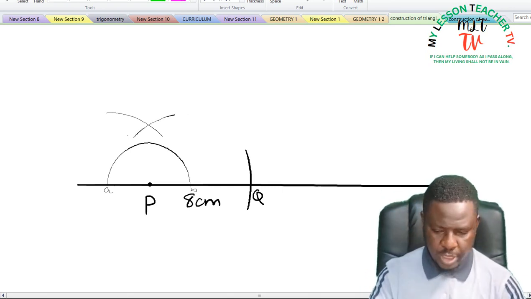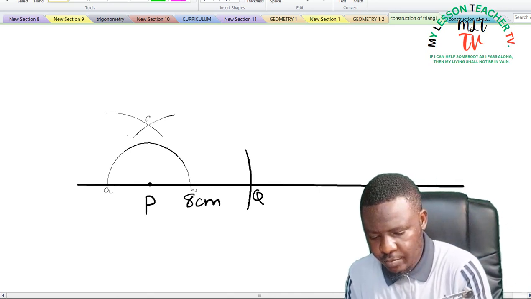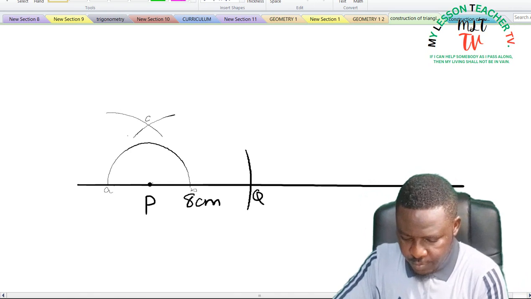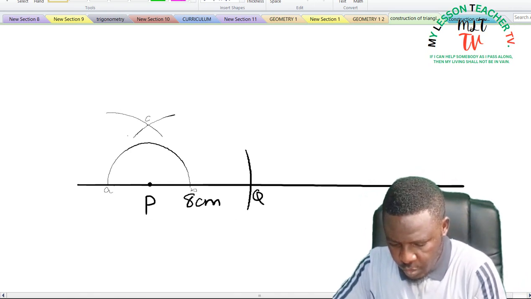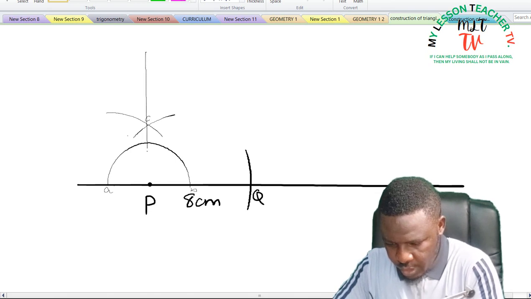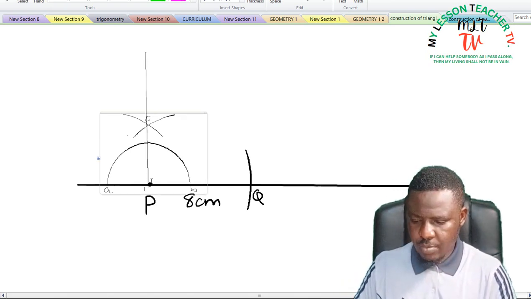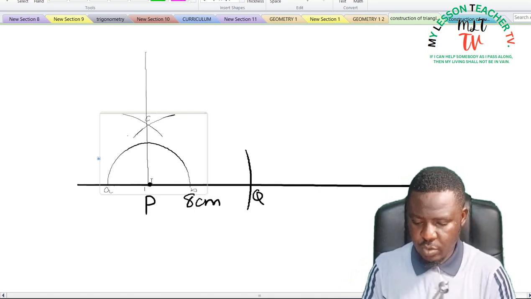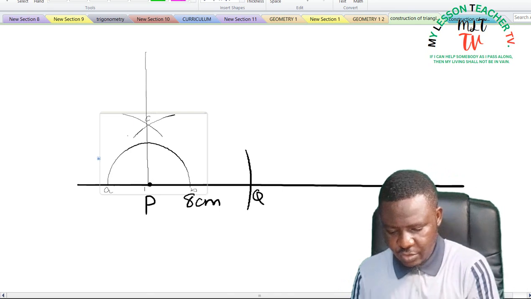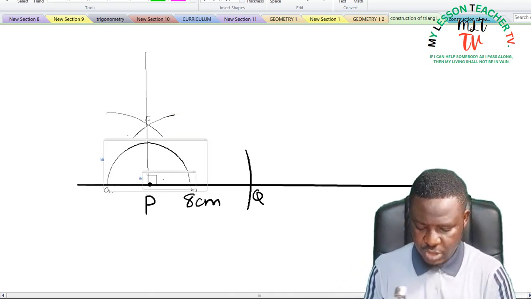Thereafter, you join the line, call this point C. You then join CP, and that gives you angle 90 degrees. Mine does not intersect, so you ensure that yours intersects very well. Now, if this is 90 degrees, you then bisect angle 90 degrees.